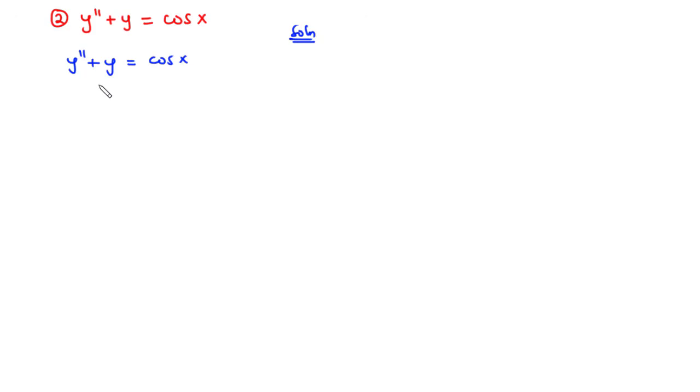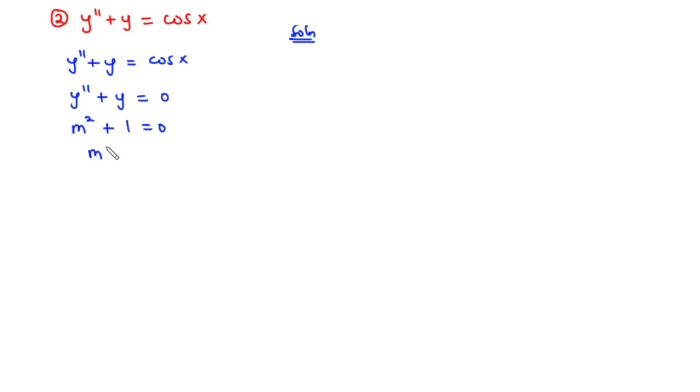So first we are going to generate the corresponding homogeneous differential equation, that is y'' + y = 0, and then we obtain the auxiliary equation m² + 1 = 0.